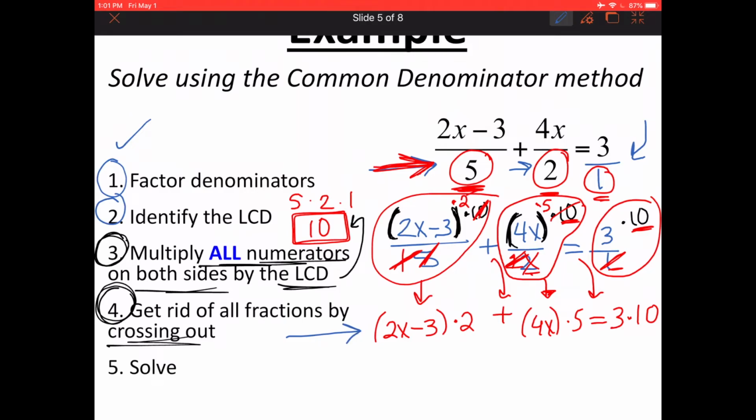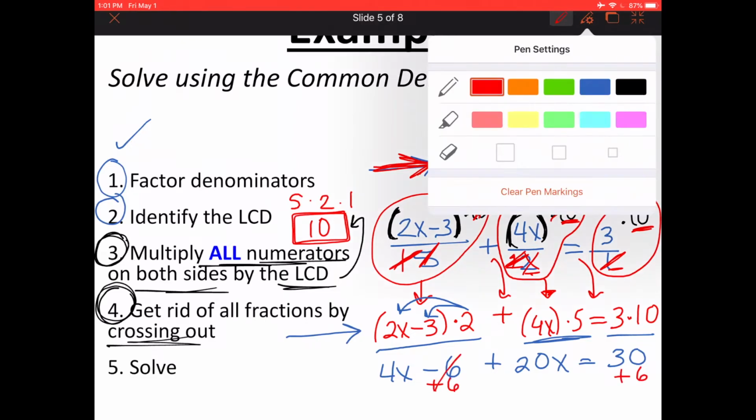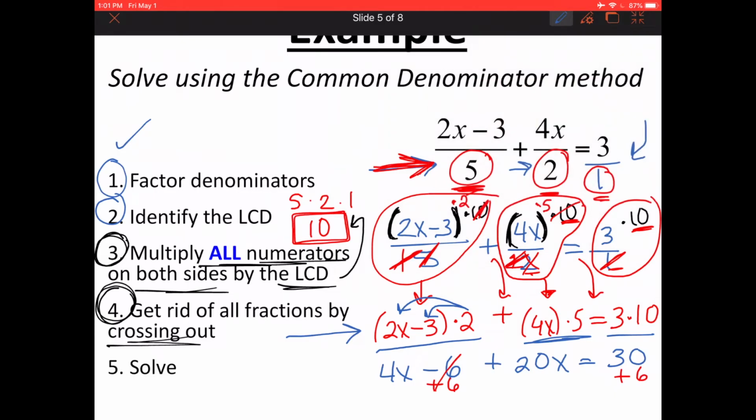Now let's go ahead and solve. For this expression, I need to distribute that 2 to the parentheses. So I get 4x minus 6, then 4x times 5 gives me plus 20x, and then 3 times 10 gives me 30. Okay, let's add the 6 to both sides. So when I add that 6 to both sides, I end up with 4x plus 20x equals 36.